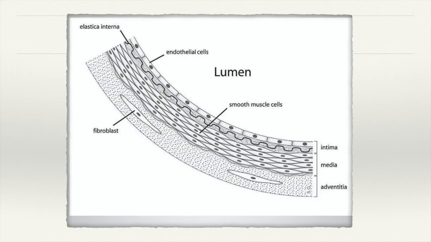Here is a picture of the endothelial cell. We see the endothelial cells are on the surface, and under the endothelial cell there's an elastica interna, and under that are smooth muscle cells. The endothelium, or endothelial cells, line the inner surface of the blood vessels.